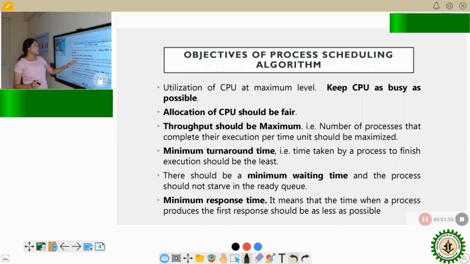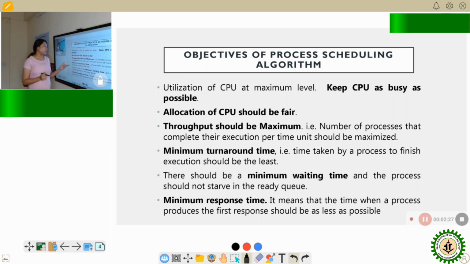Okay, allocation of CPU should be fair to each process, so that each process can get enough amount of CPU time. And next, the throughput should be maximum, the turnaround time minimum, and the waiting time minimum, so that no process should wait for a longer time.